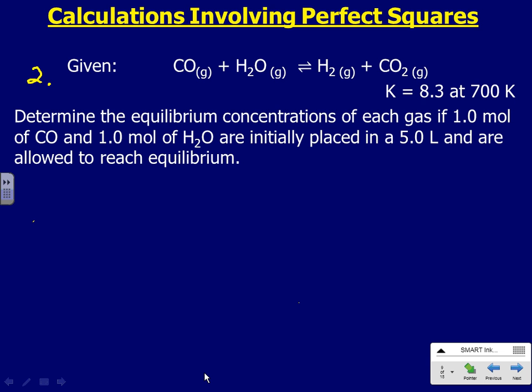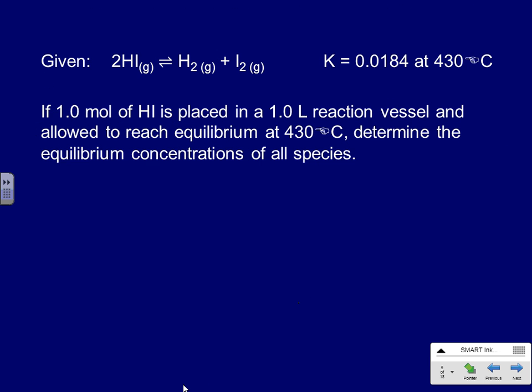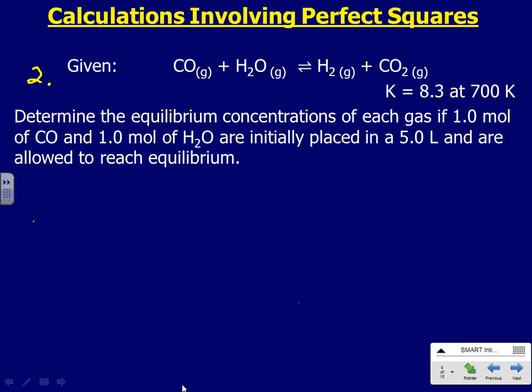It's number 3. What the dickens am I doing here? Is that number 2? Oh. We'll do number 3 first. Doesn't matter. Number 3. We got it. It's number 3 on the sheet.